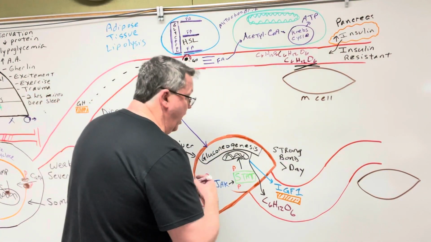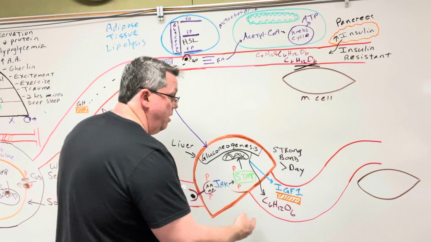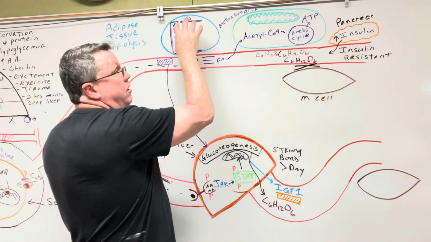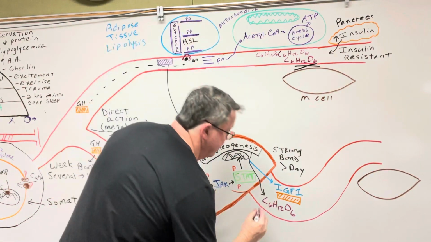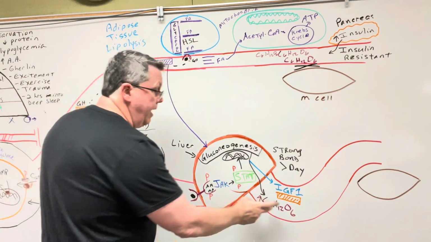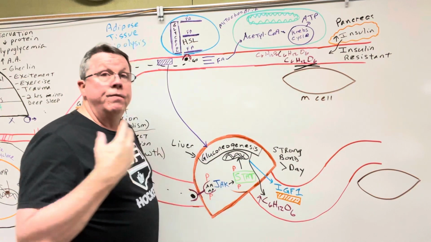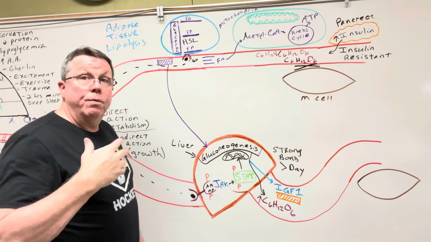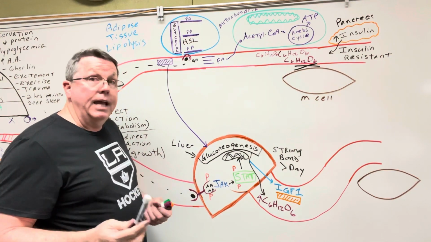So because of that, we're gonna keep making more and more glucose because it's gonna continue to break down the fatty acids. So we're gonna start to have an increase of this in the blood also. So now I'm getting more and more glucose into the blood. More and more glucose into the blood, that's basically what happens in diabetes.